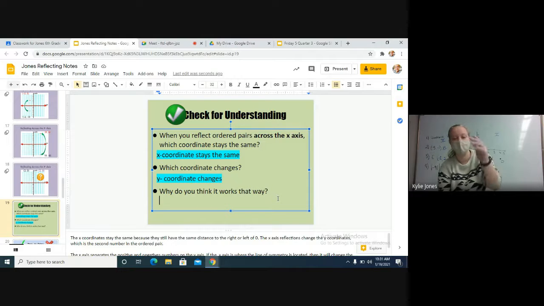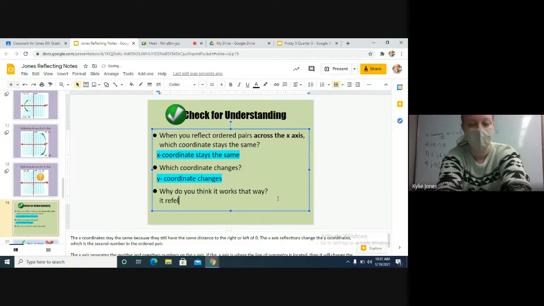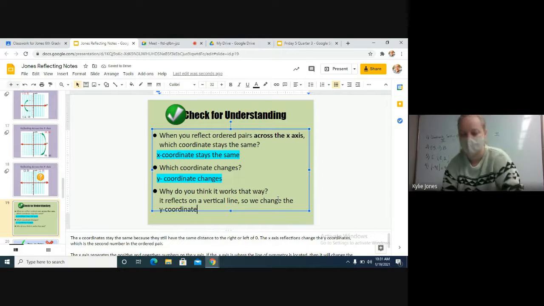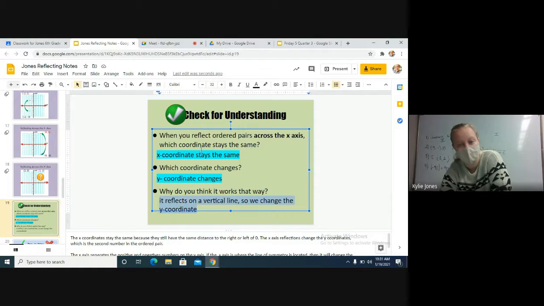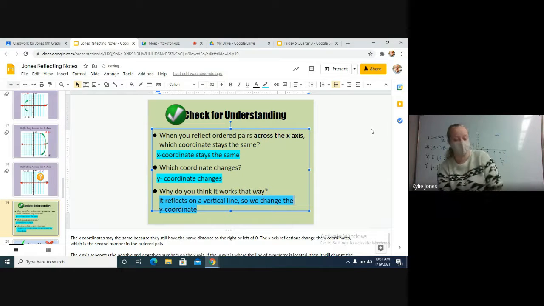Yeah, we're trying to reflect it on a vertical line, so we have to change the y coordinate to make it go the opposite direction, up or down. Okay.